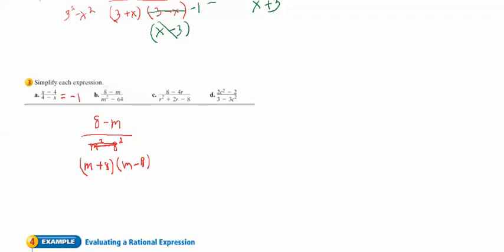Okay, but now at the top, they're the opposite. So again, we're going to take out a negative 1, and we're going to rewrite this as m minus 8. And now we can cancel these two, and we end up with negative 1 over m plus 8. And that's our answer here, negative 1 over m plus 8.